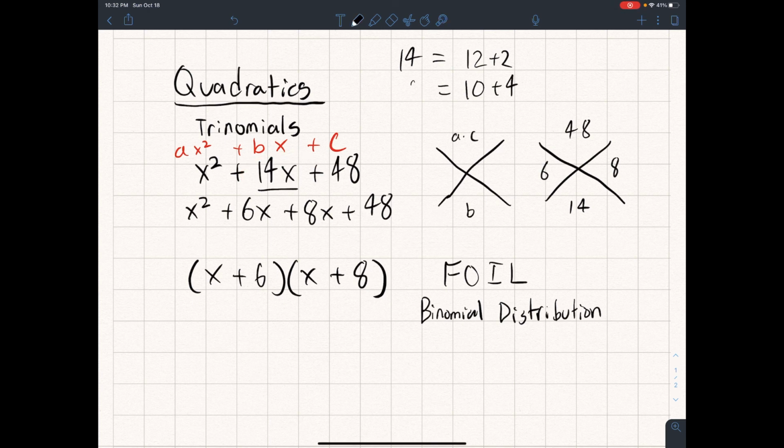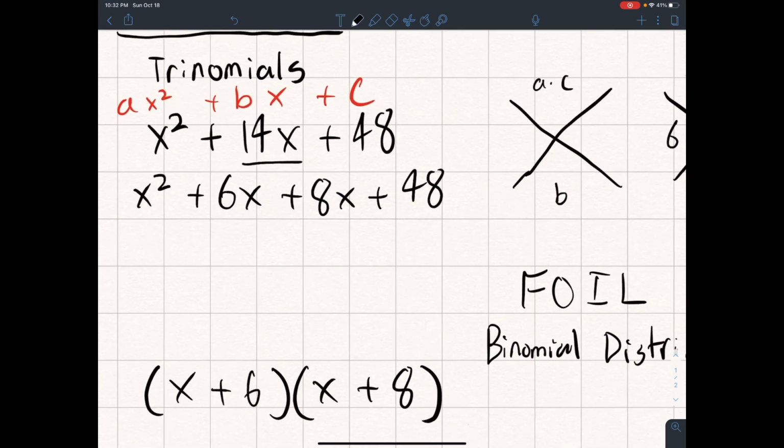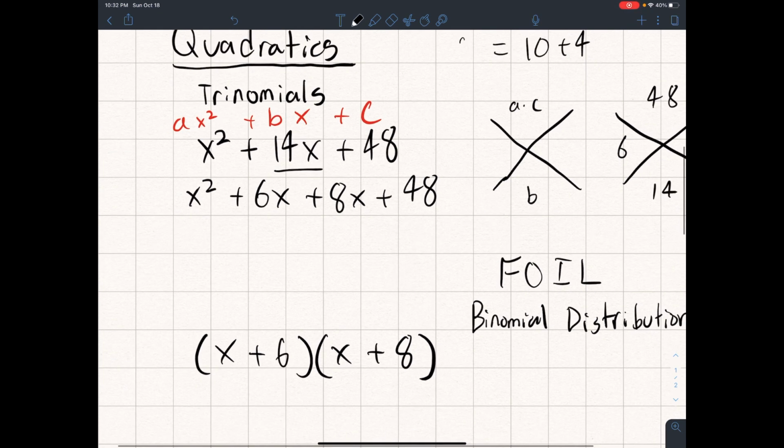What's really cool about this is now I can do something called factor by grouping. So let's say I have x squared plus 6x plus 8x plus 48. Well, the rules of mathematics tell me that since these are just addition symbols, I could put parentheses around anything I feel like and say, well, I'm just grouping them. I'm focusing on these two things as separate entities first, and I'm allowed to do that.